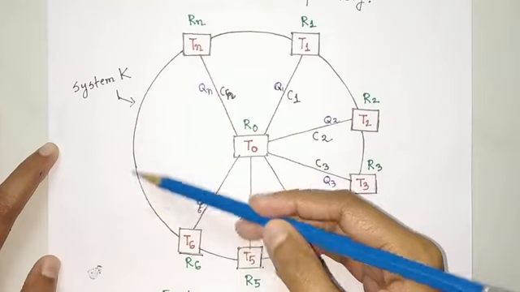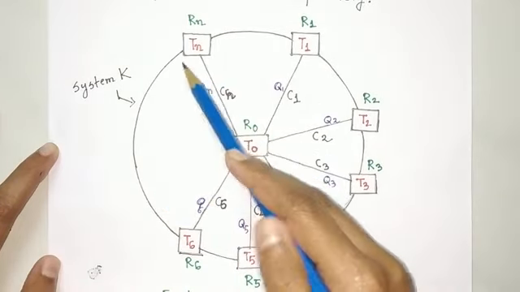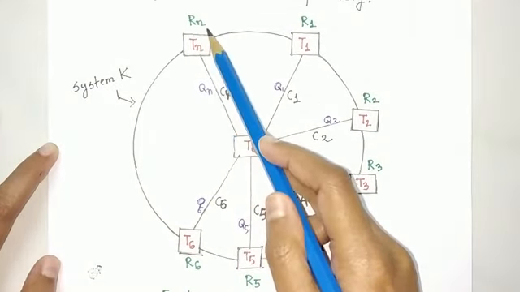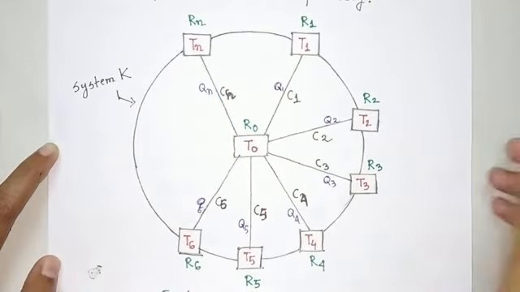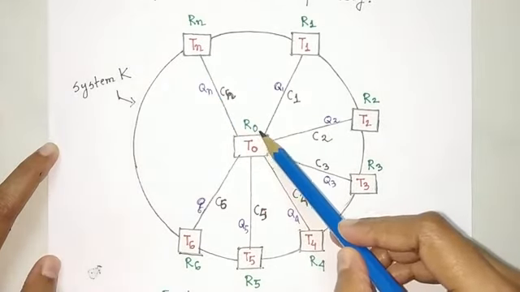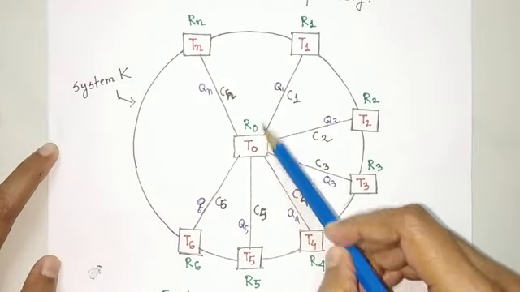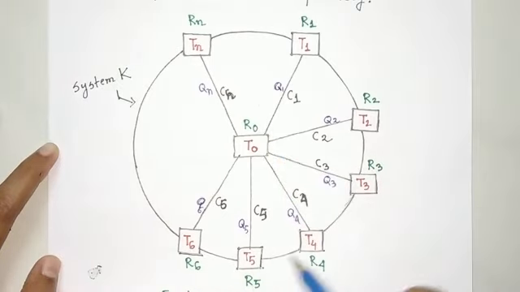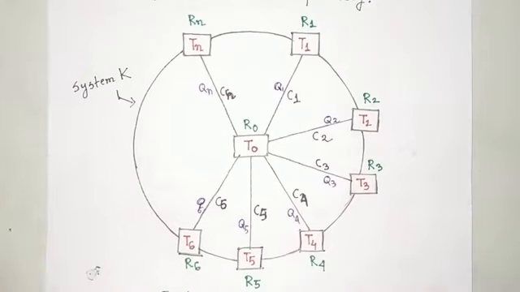Like this there will be other reservoirs up to the nth reservoir Rn at temperature Tn. You see, R0 is the common reservoir for all these reservoirs.